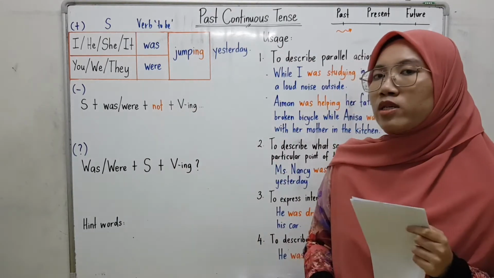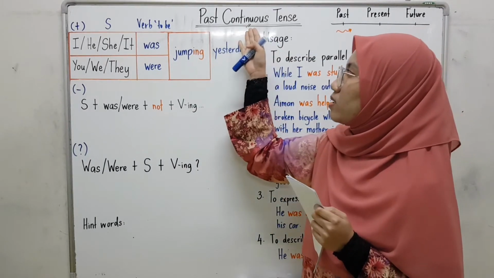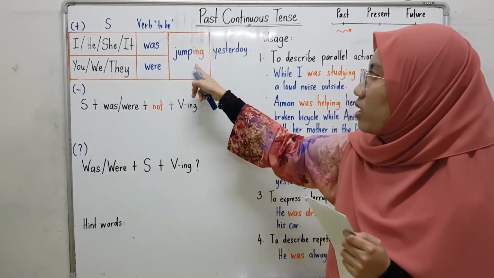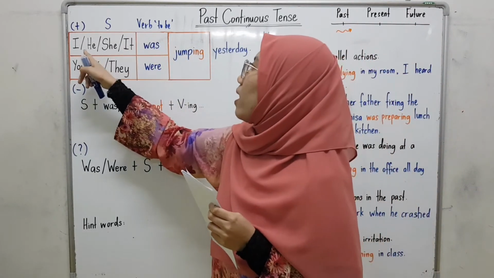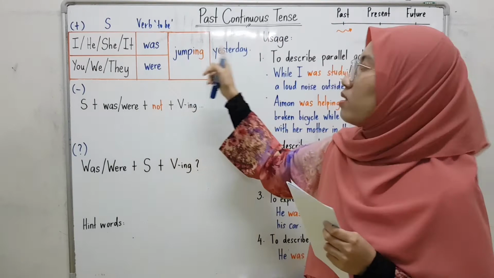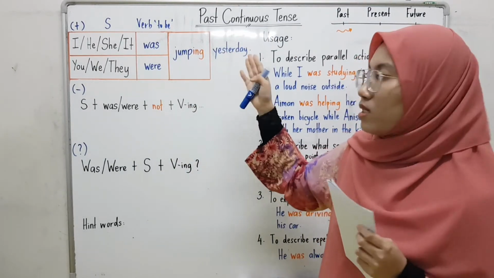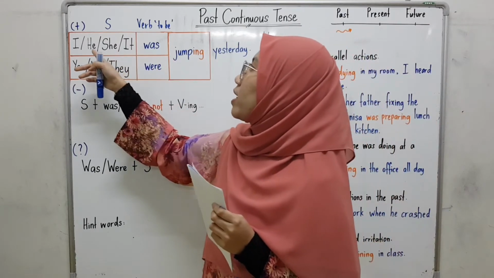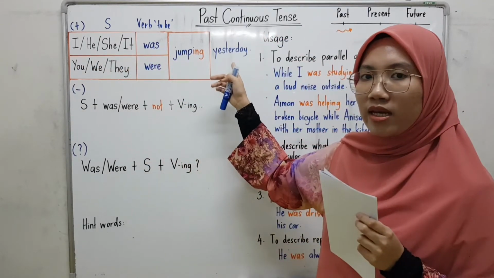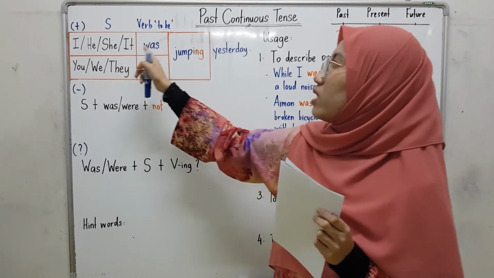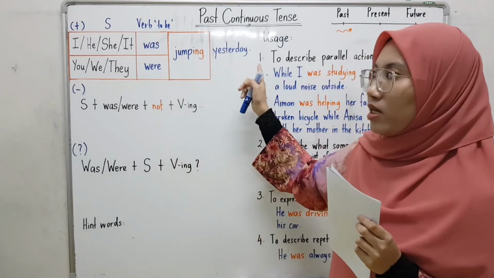You have to remember, when we talk about continuous, the verb will have ing at the end of the verb. For example, I was jumping yesterday. The word yesterday indicates the time that happened in the past. He was jumping yesterday. She was jumping yesterday. It was jumping yesterday.